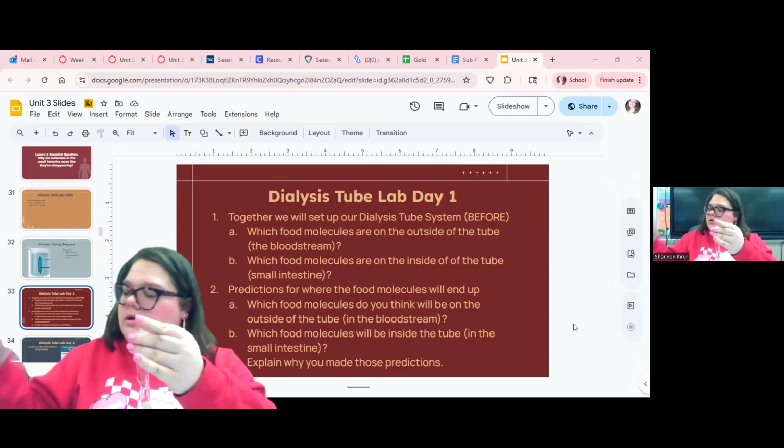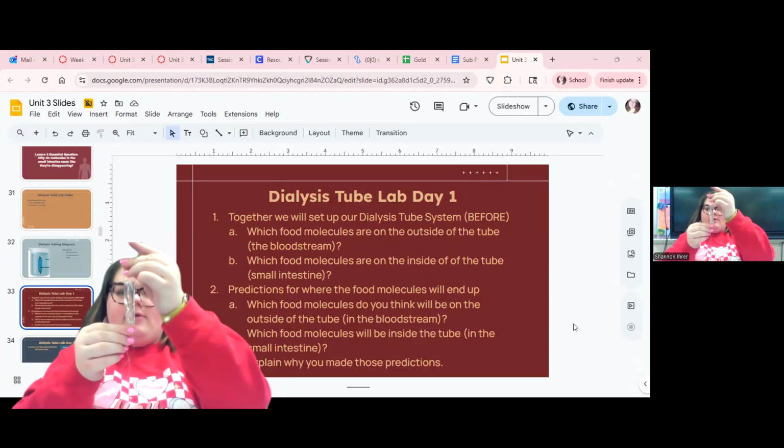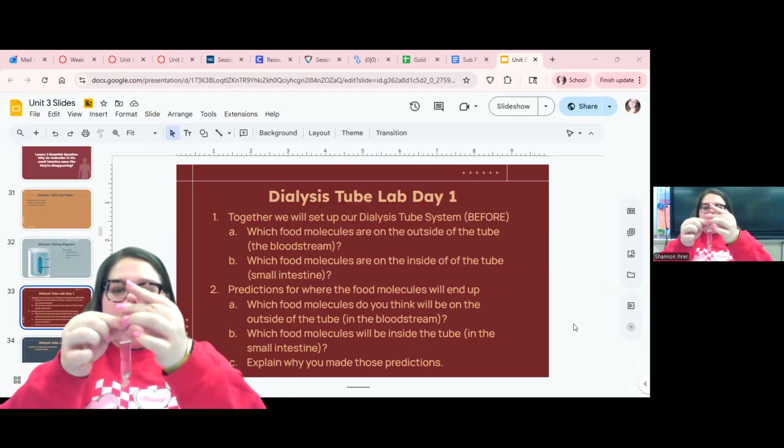Now we have the food molecules inside of the tube.